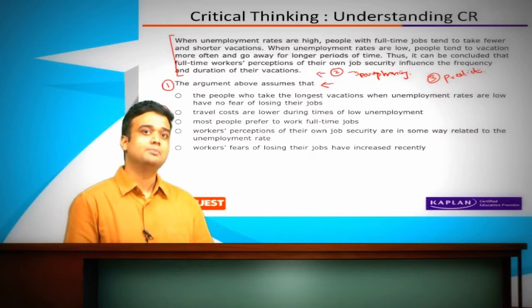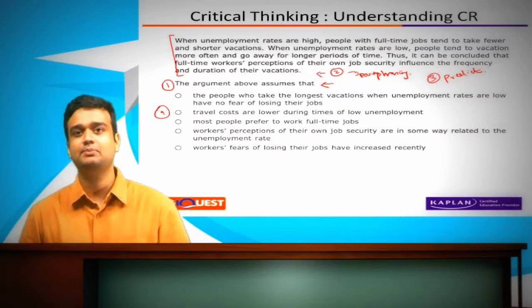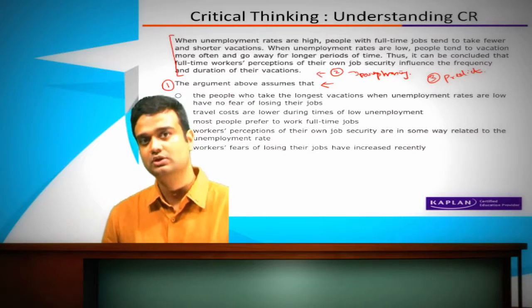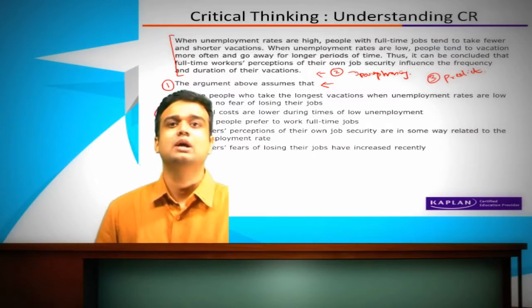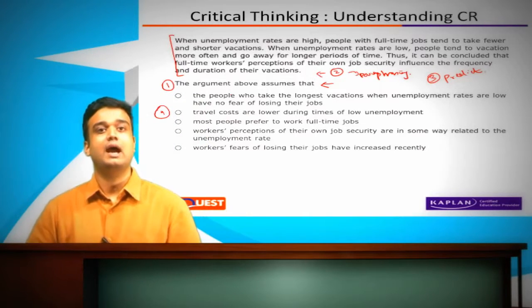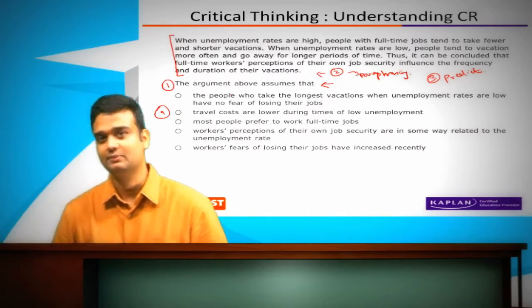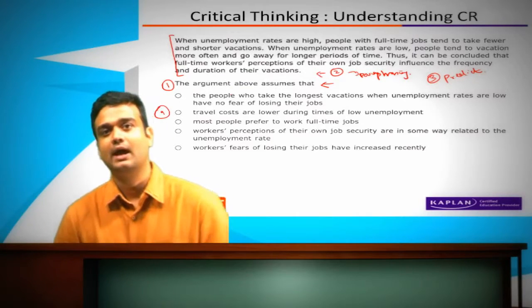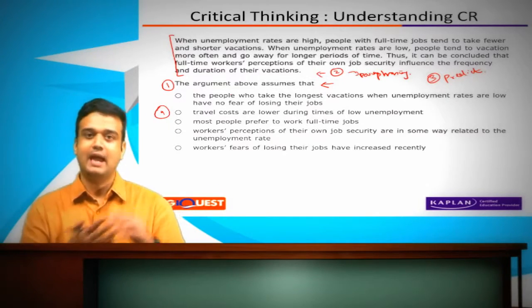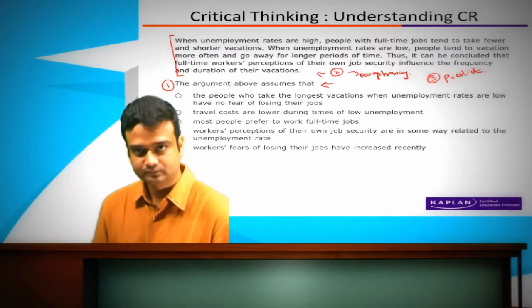Let's read it. So it says, when unemployment rates are high, people with full-time jobs tend to take fewer and shorter vacations. When unemployment rates are low, people tend to vacation more often and go away for longer periods of time. So in a sense, it's saying that there's sort of an inverse correlation between vacation time and unemployment rates.